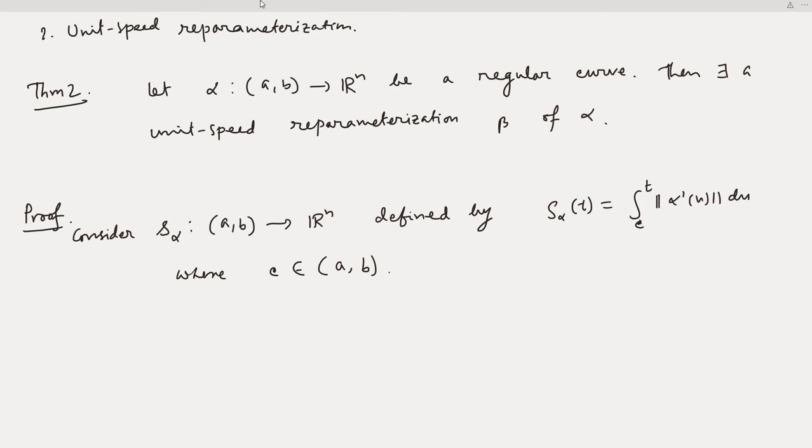So S alpha is the arc length function of alpha with base point c.